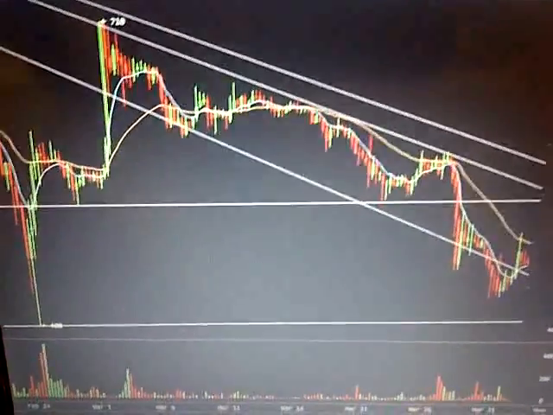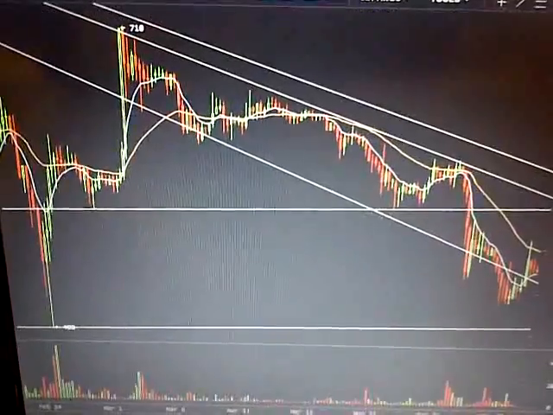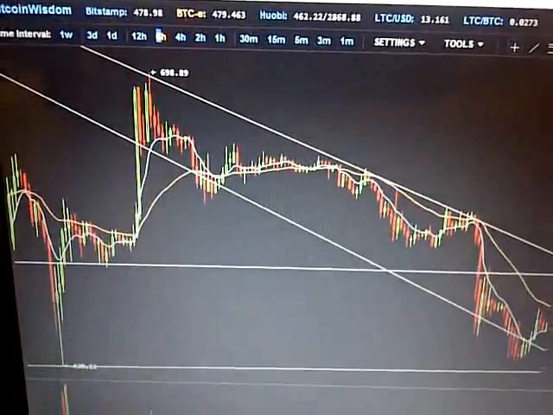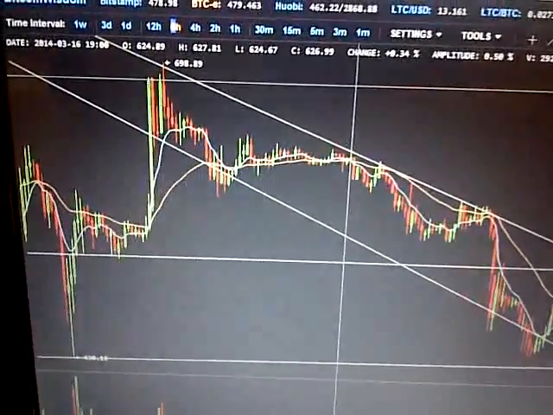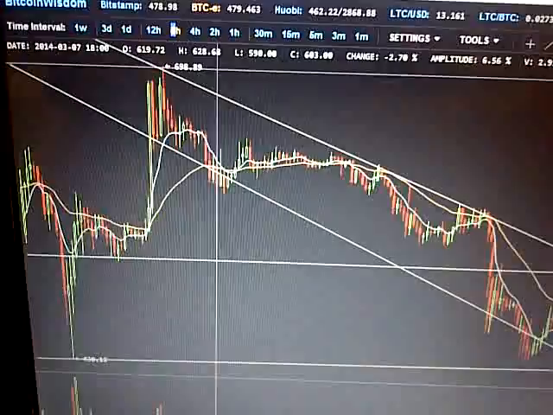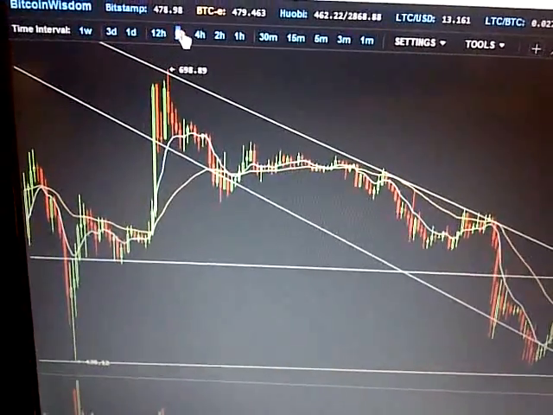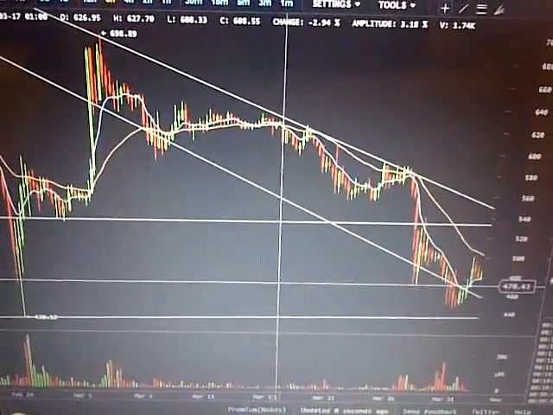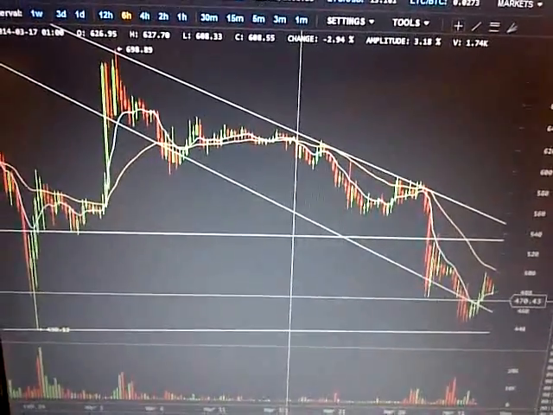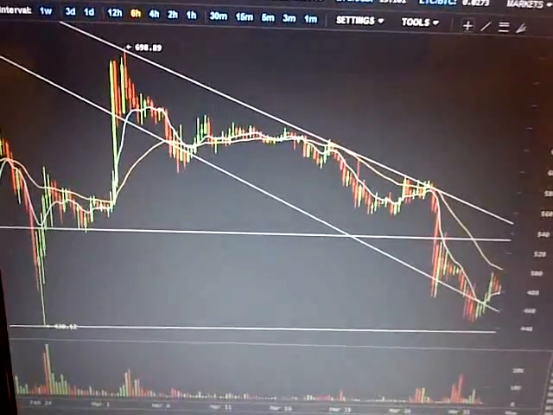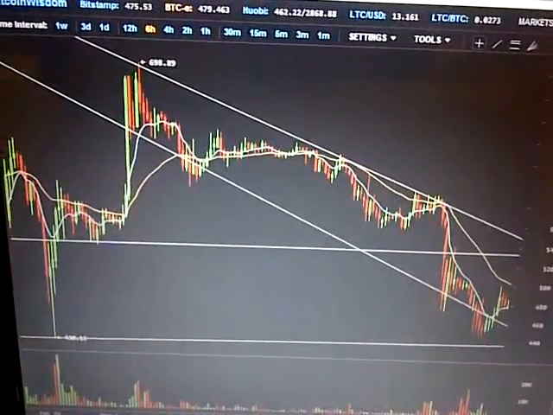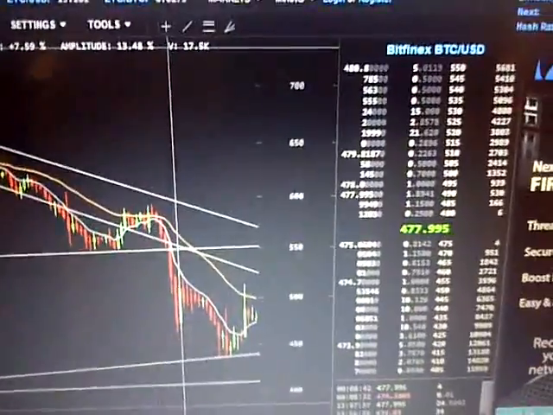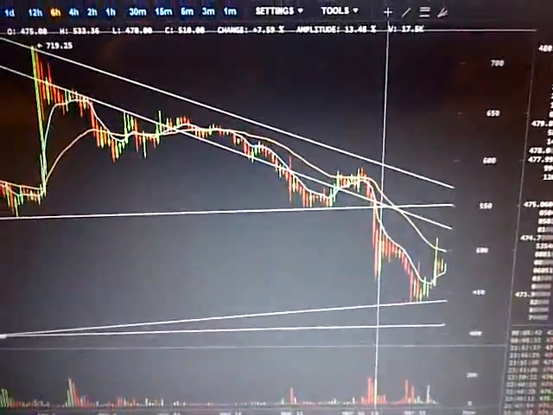And so that's Bitstamp. Let me see. This is Bitsy on a 6-hour. There we go, 6-hour, and it's something similar to that. And then this right here is Bitfin.